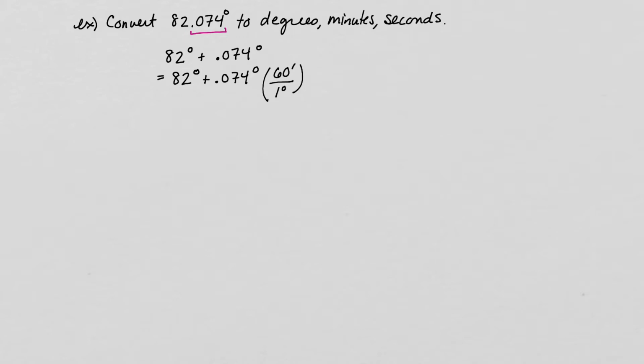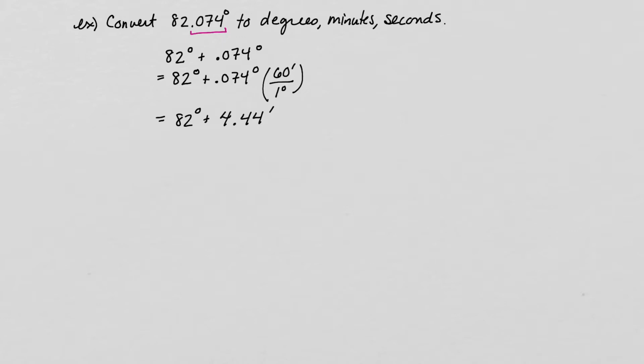And so if I work this out, if I take the 0.074 degrees and do this multiplication, we're going to get 4.44 minutes. It's basically just the other way around.